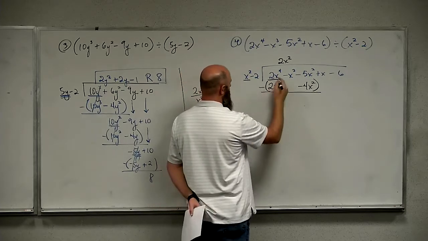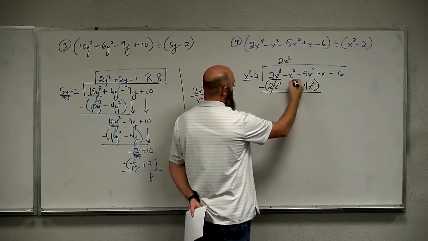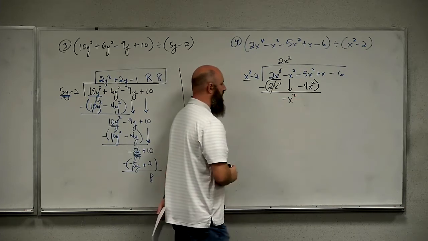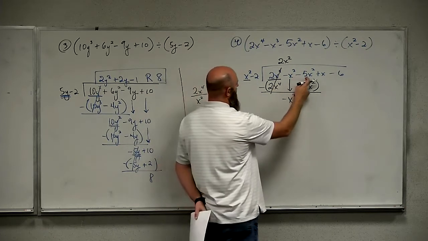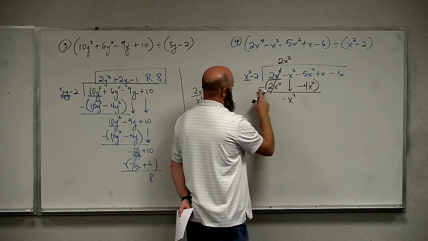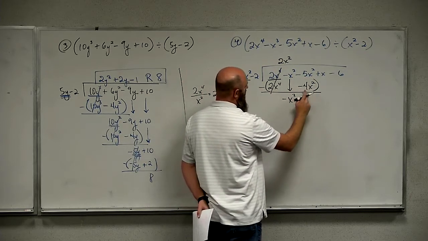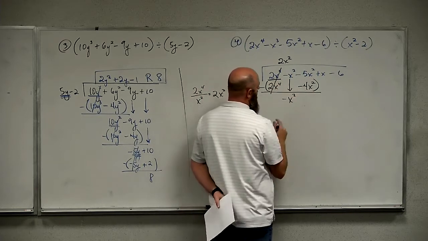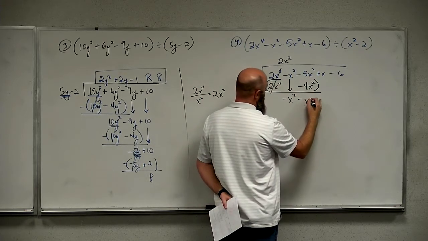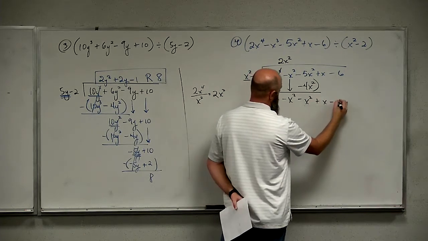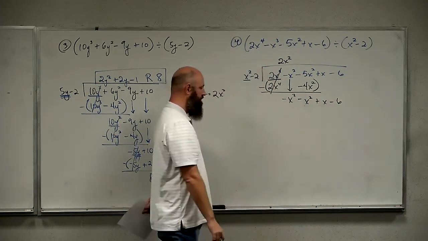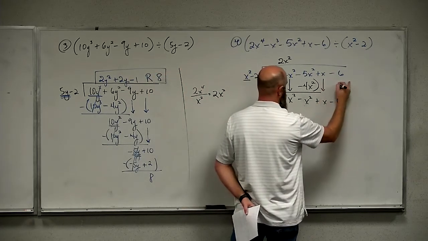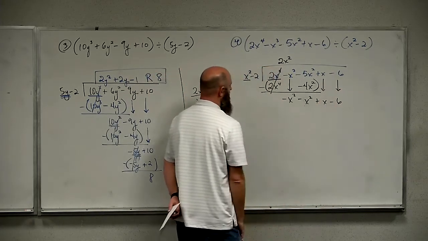2x to the 4th minus 2x to the 4th goes away. Since there's nothing here, this negative x to the 3rd is just going to come down. Negative 5x squared minus negative 4x squared, well, that's plus. So negative 5 plus 4 is a negative 1x squared. And then we bring down the x and the negative 6. Okay.